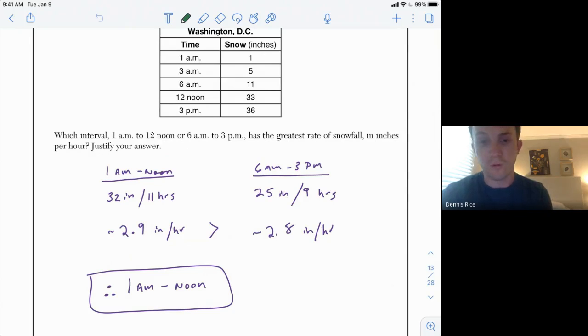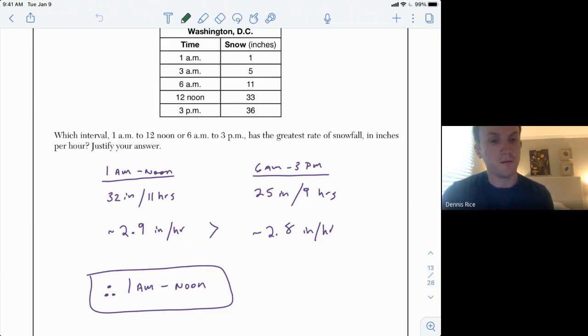We've talked about this a lot. If you just wrote 1 a.m. to noon and you have really nothing else, that's a 0. You don't get credit for the fifth. This was a 50-50 guess at the end of the day. You could get a 1 out of 2 if you said 6 a.m. to 3 p.m., which is obviously wrong, but maybe you made a slight error. You wrote 25 over 8 or something, something that made it win all of a sudden.